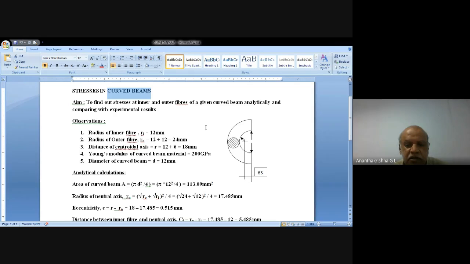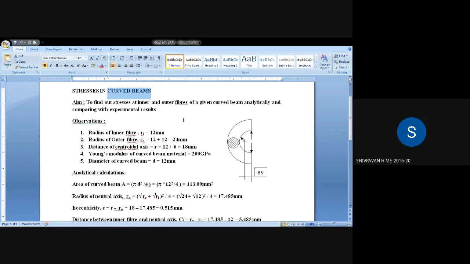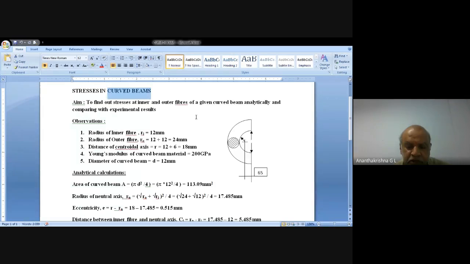Can anyone give me examples of a curved beam? Crane hook, sir. Yeah, excellent. Crane hook, frames of punching press, links, and so on. Now in our Design of Machine Elements 2, we learned that you will have stress at the inner fiber and at the outer fiber. At the inner fiber, you will get maximum stress, and at the outer fiber, minimum stress. For the type of loading shown in the sketch, the inner fiber is subjected to what type of stress?